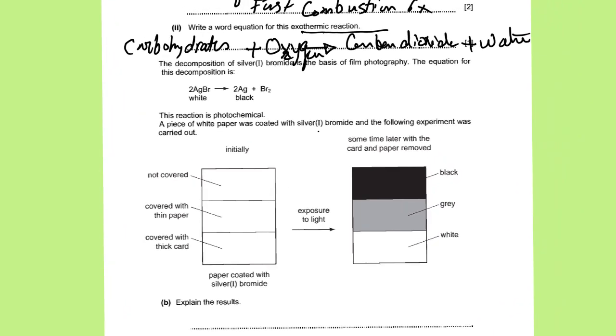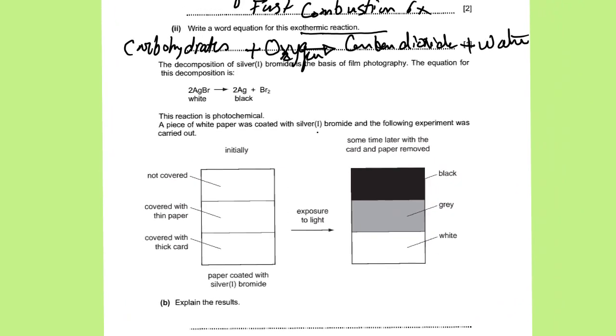Then this is the decomposition reaction of silver bromide. We use this in redox equations and in photochemical reactions, because silver bromide is white. When it is exposed to light, it will form black silver and bromine.